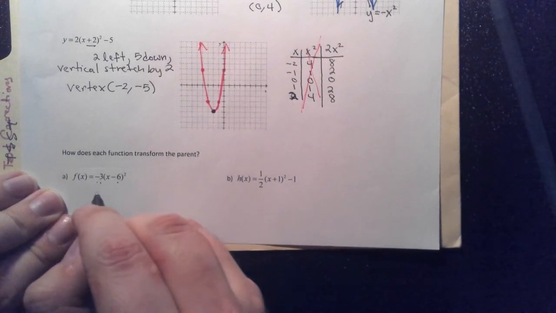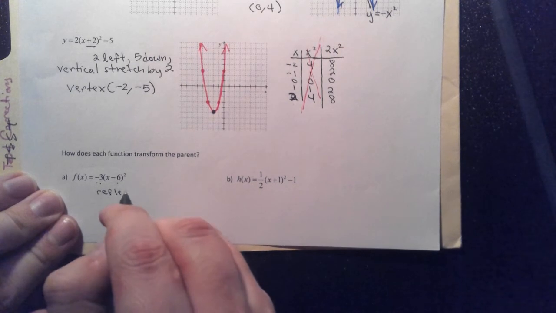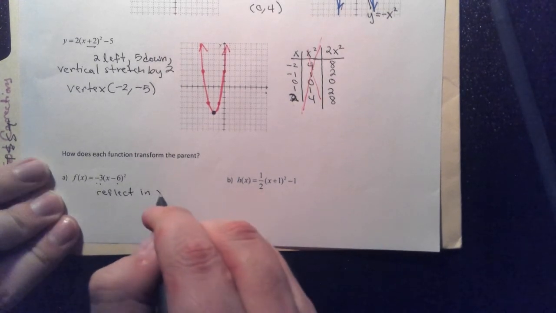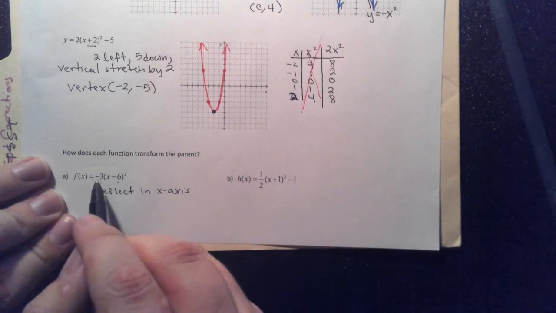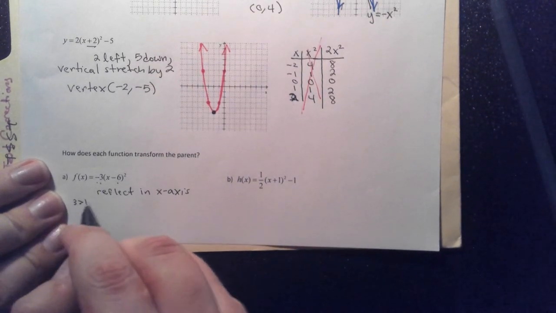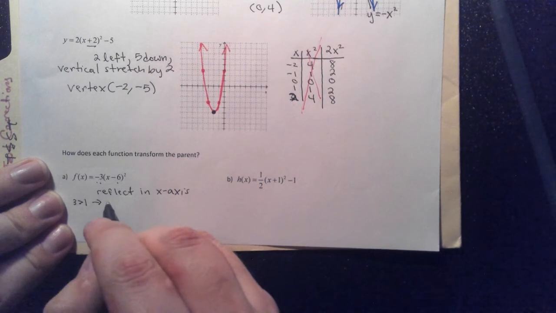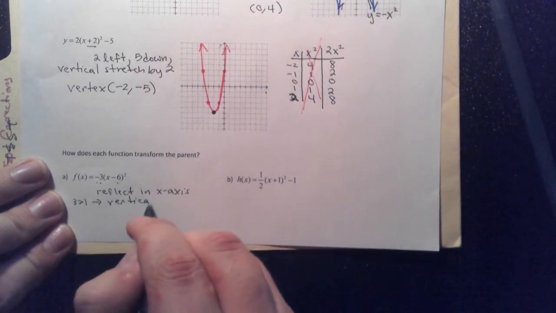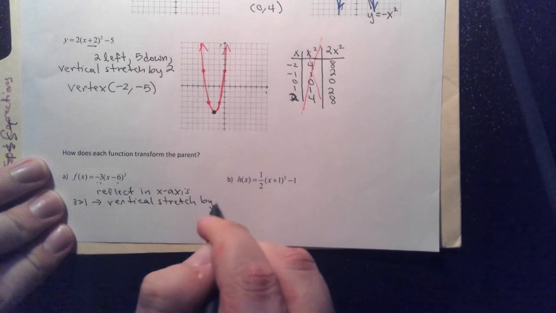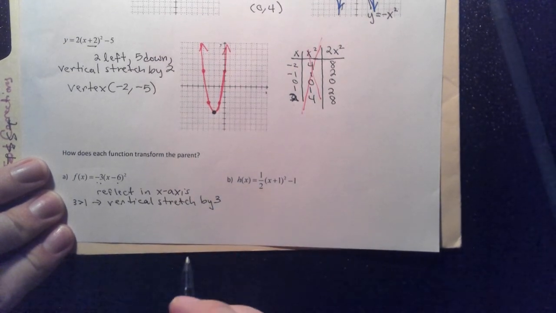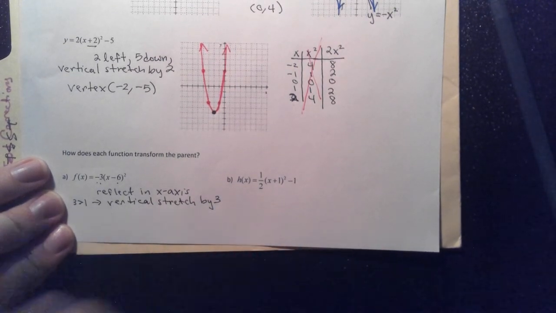The negative means I will reflect in the x-axis. The 3, well, 3 is greater than 1, which means I have a vertical stretch by 3.